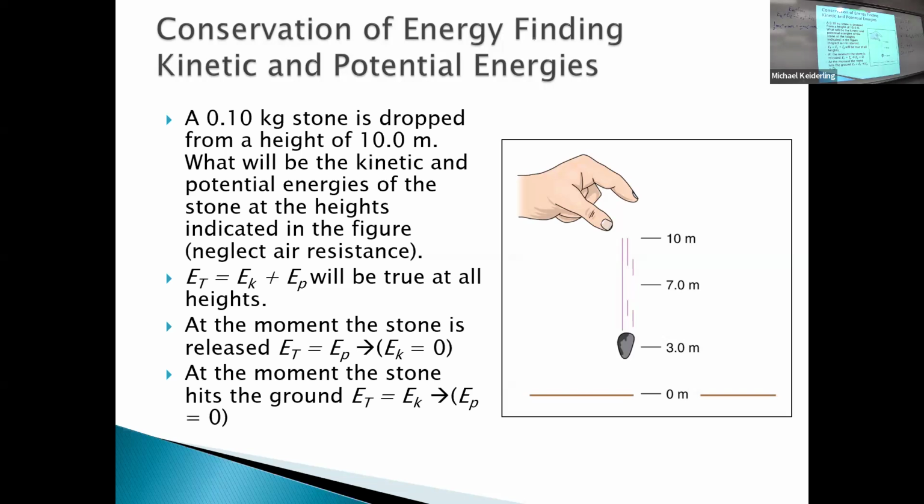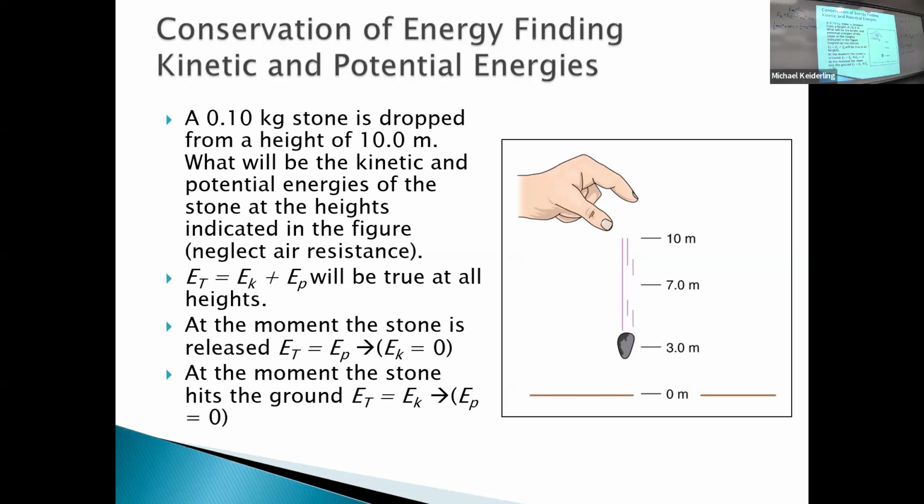So at the moment the stone is released, the total energy is equal to the potential energy, because at the moment a dropped object is released, like right now, this pen has no kinetic energy. And as it falls, it converts potential energy into kinetic energy. And then it hits the ground and bounces and stuff. So at the moment the stone hits the ground, all the energy is kinetic and nothing is potential because it's at a height of 0.